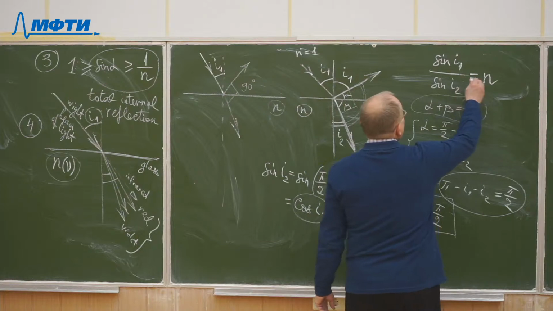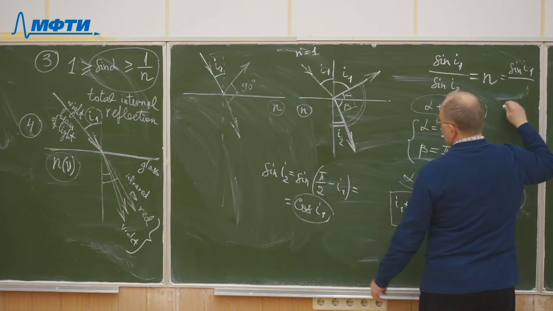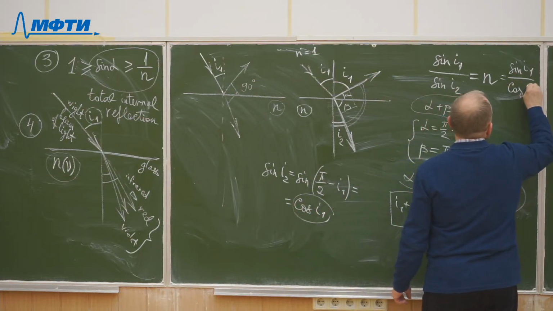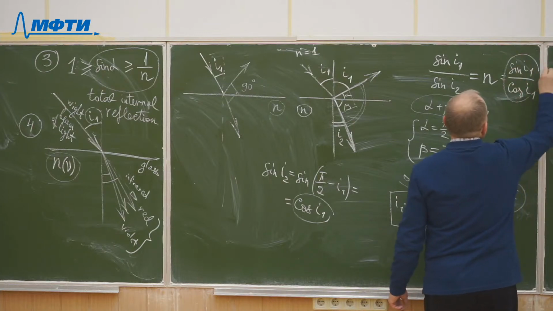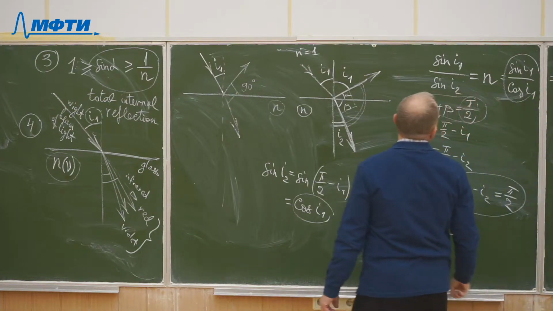And we use this property here, so this will be sine I1 divided by sine I2, which equals sine I1 divided by cosine I1. And what is sine divided by cosine? This is tangent of I1, the same angle.